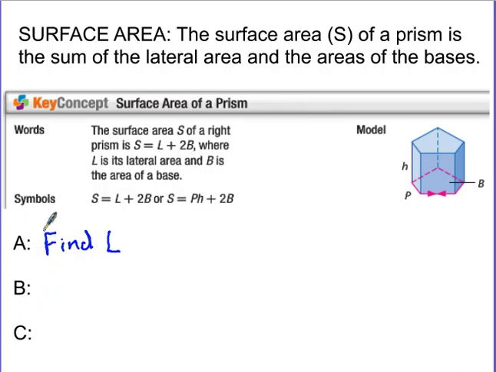It's kind of a 3-step deal here, but I didn't want to call them steps 1, 2, and 3 because that would be confusing. So now we're going to have A, B, and C. Part A is find L. Part B will find the area of the bases. And then part C will be to add those 2 together.